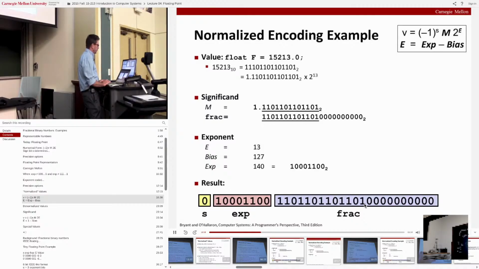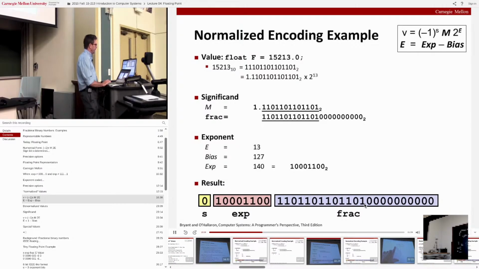So 140 is represented using these 8 bits, and that becomes our EXP field. The resulting floating point number, and of course it's a positive number so the sign bit is 0, has the 8 bits in the EXP field that we computed from 140, and then the frac field is these bits that we got by taking everything to the right of the binary point.